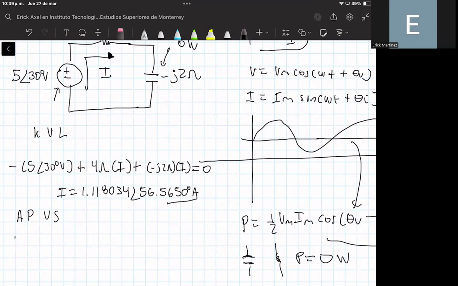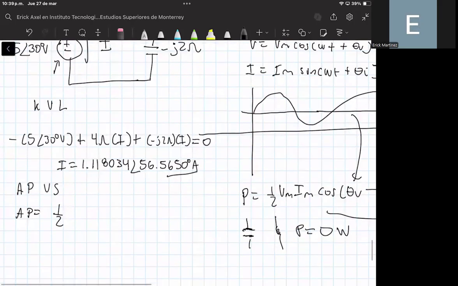We have that the average power is equal to 1 over 2 times the amplitude of the voltage, times the amplitude of the current, times the cosine of the phase angle of the voltage minus the phase angle of the current.